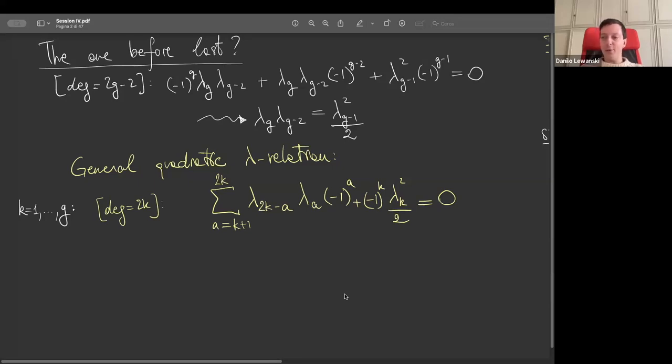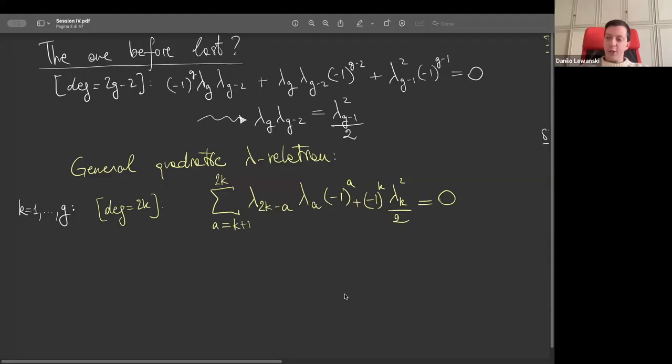This is equal to just the integral over M_{g,1} of lambda g times psi 1 to the top power, the maximum amount of psi classes you can have, times some multinomial coefficient. So the answer for generic n can be reduced to the answer for n equal to 1, in the case that you're intersecting lambda g.